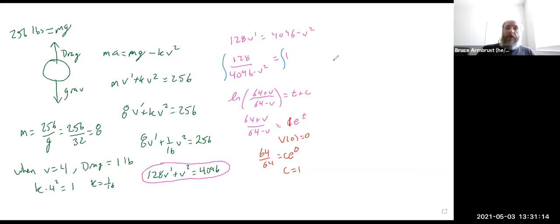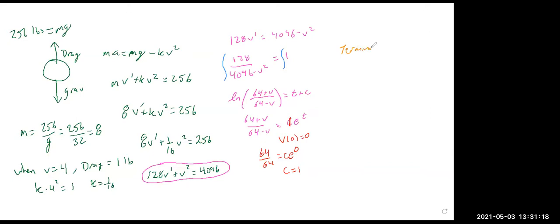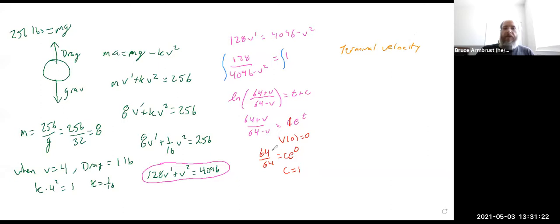Do you remember what we do to find terminal velocity? Take the limit as t goes to infinity. Okay, so we take a limit as t goes to infinity of our function for v, but we don't have that. Does anyone remember what you can do with the differential equation to figure that out?